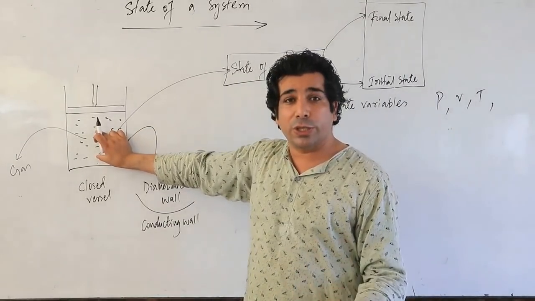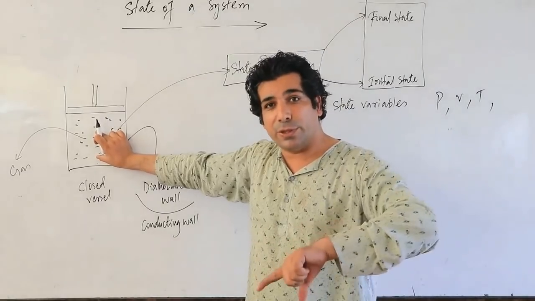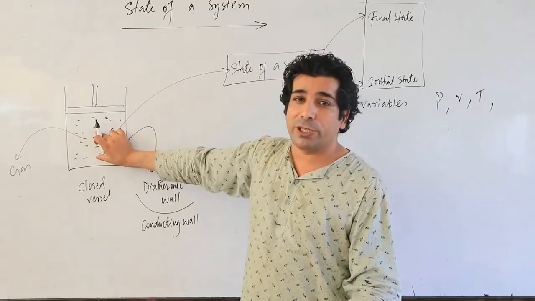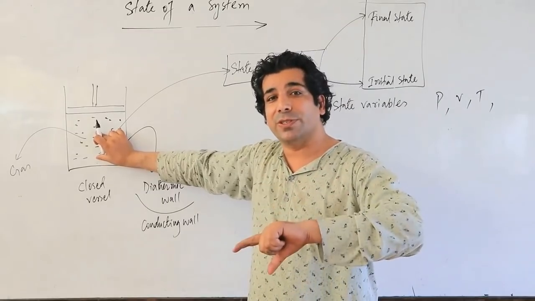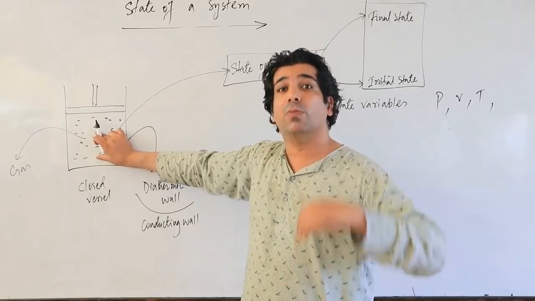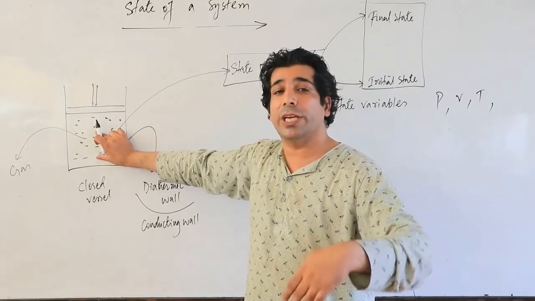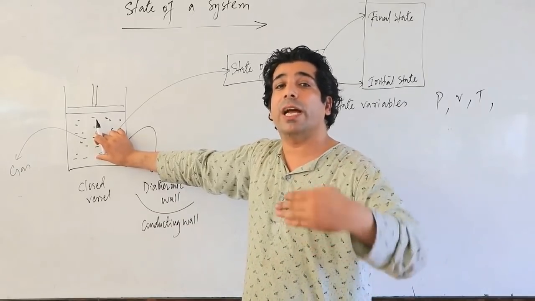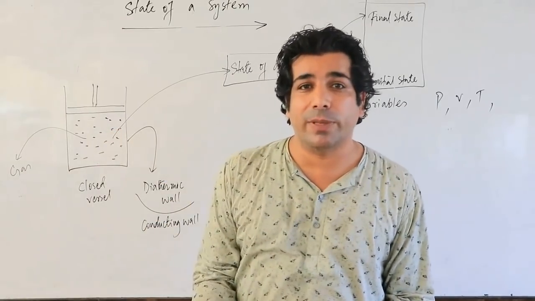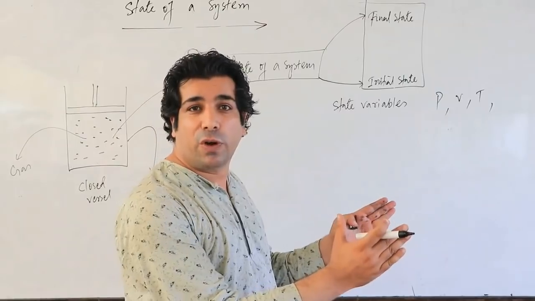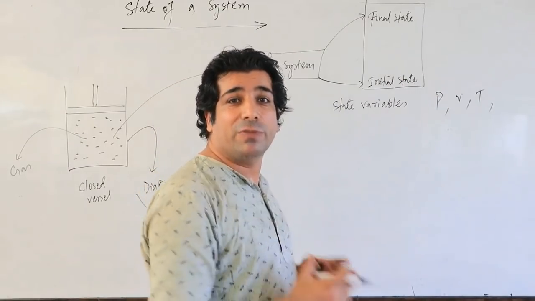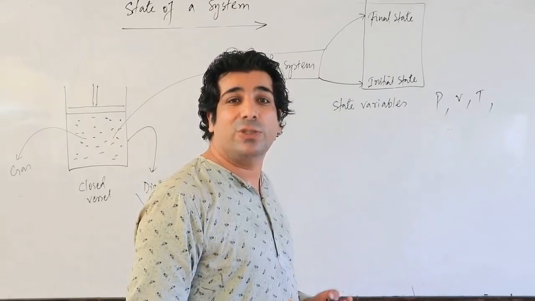Gas at low pressure and gas at high pressure. Initial and final. Gas at low temperature and gas at high temperature. Gas with little volume and gas with more volume. That means you can change the pressure, temperature and volume. And when you are changing the state variables, the system will go from initial state to final state, which means the state of system will also change.